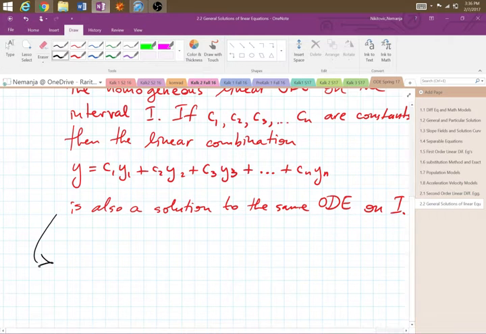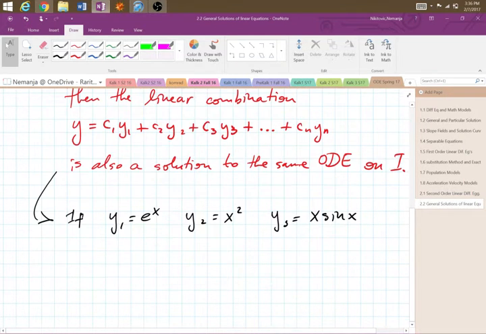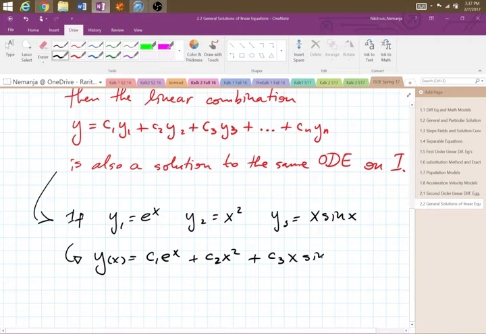What this theorem is saying is that if y1 is equal to, let's say, e to the x, y2 is equal to x squared, and y3 is equal to, I don't know, x sine x, it doesn't matter what they are, and they're all solutions to a differential equation, you can write y of x equals c1 e to the x plus c2 x squared plus c3 x sine x.